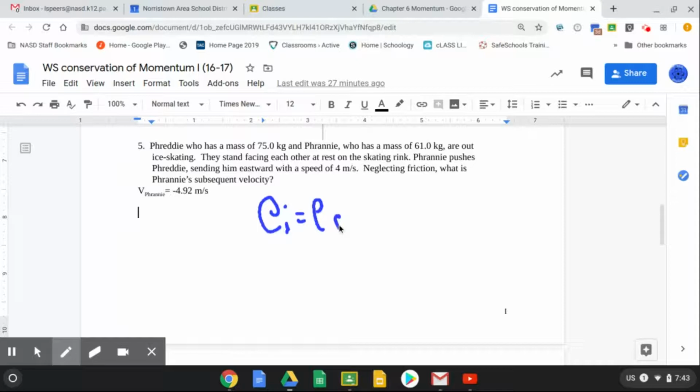So m1 v1i plus m2 v2i is going to be equal to m1 v1f plus m2 v2f.